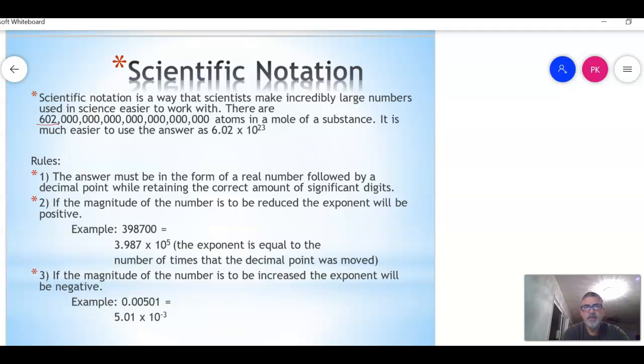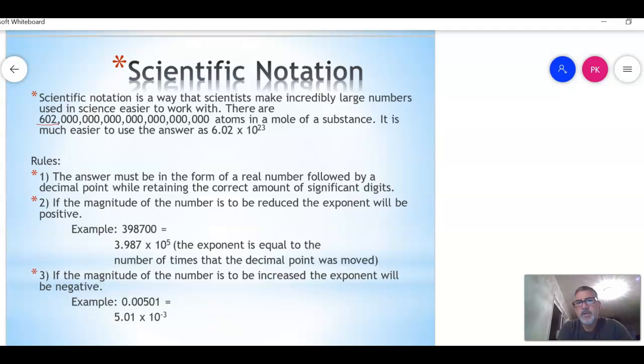Right? So remember, if I'm taking zeros out, my exponent becomes larger. If I'm putting zeros in, it becomes smaller. So I'll have to make this large number smaller so my exponent gets bigger. Right? If I count 3, 6, 9, 12, 15, 18, 21, and then 22, 23 to get to the 6.